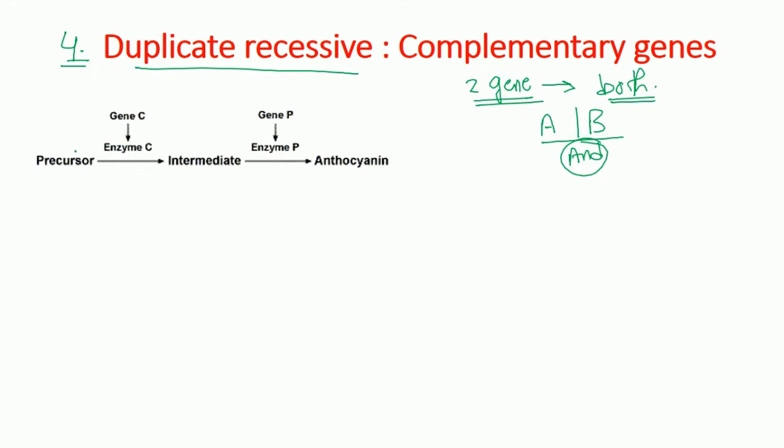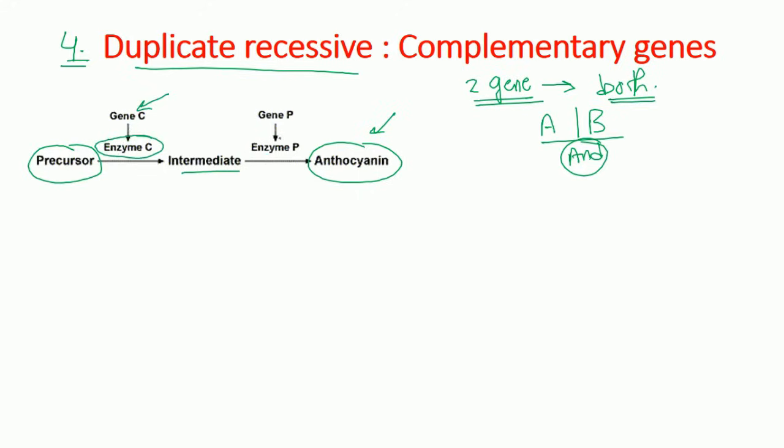So let's say there is a precursor. Again, we are talking about the example of coloration and production of anthocyanin. For example, we need to produce this chromogenic compound anthocyanin from a precursor. The first stage of this reaction is mediated by enzyme C, which is produced from gene C, which provides an intermediate.